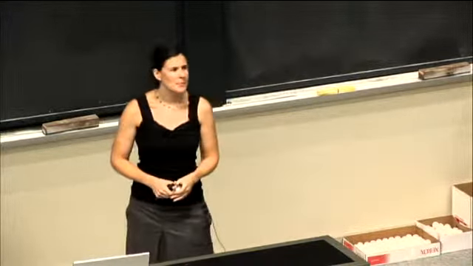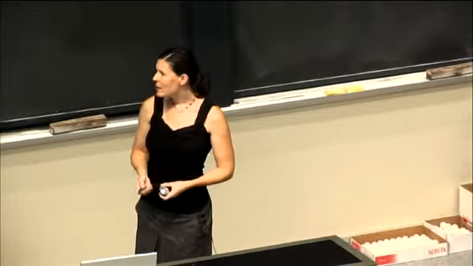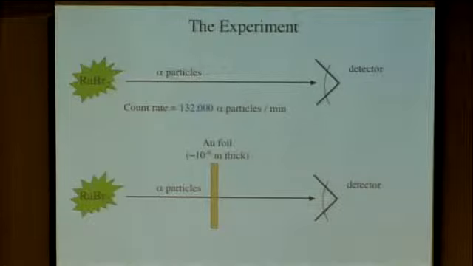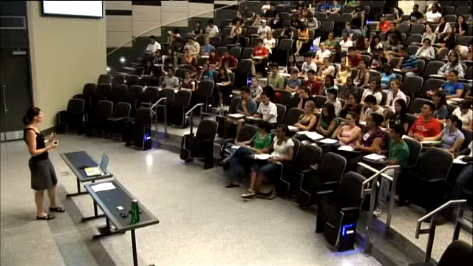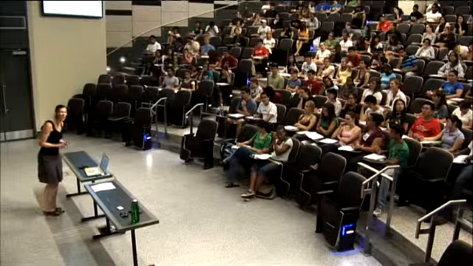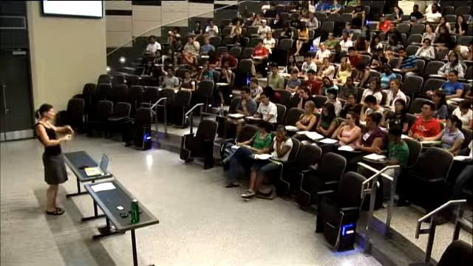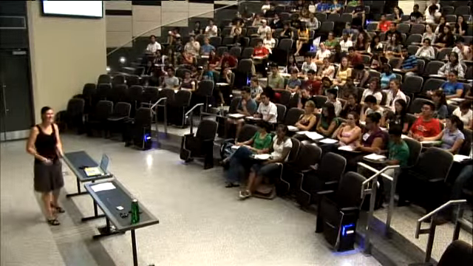And what he would expect is if this plum pudding model is true, nothing's really going to happen to the particles, right? They should go straight through because if they hit an electron, those are so small. We figured out the mass is so tiny that it shouldn't really deflect them very much. And of course, all that's left is this positive pudding. So that's not going to do anything either.